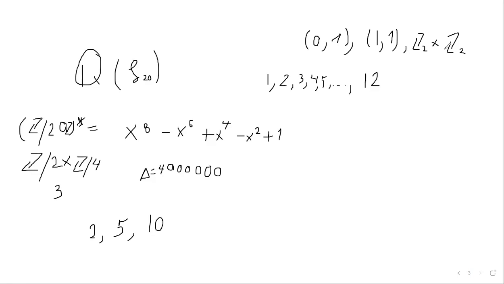So there should be only 3 quadratic subfields, but it's strange. It's strange because we should have, what's it called, also square root of 5 in here, right? Yes, it's zeta to the power of 5.